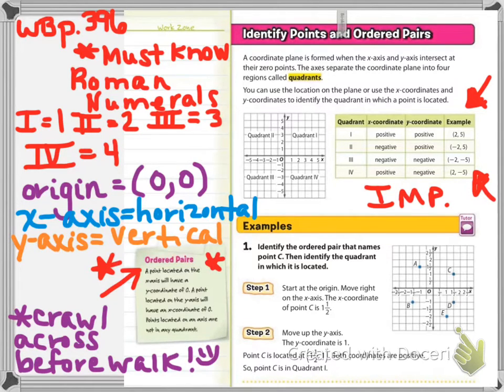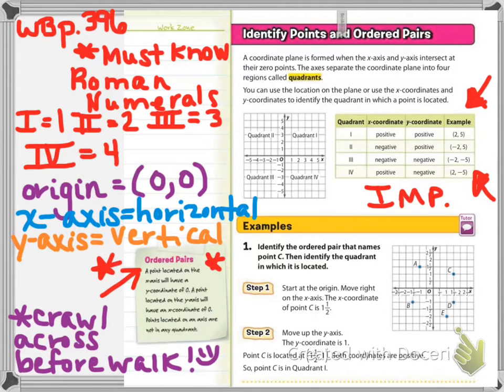Okay, you have to be able to identify points and write the ordered pairs for them. You have to be able to plot ordered pairs on the coordinate plane, and you have to be able to describe and identify what quadrant they are in. So the chart that is pointed to here, it says important underneath, helps you identify the quadrants. The integers in quadrant 1, both of them are positive, and there's an example in the chart.